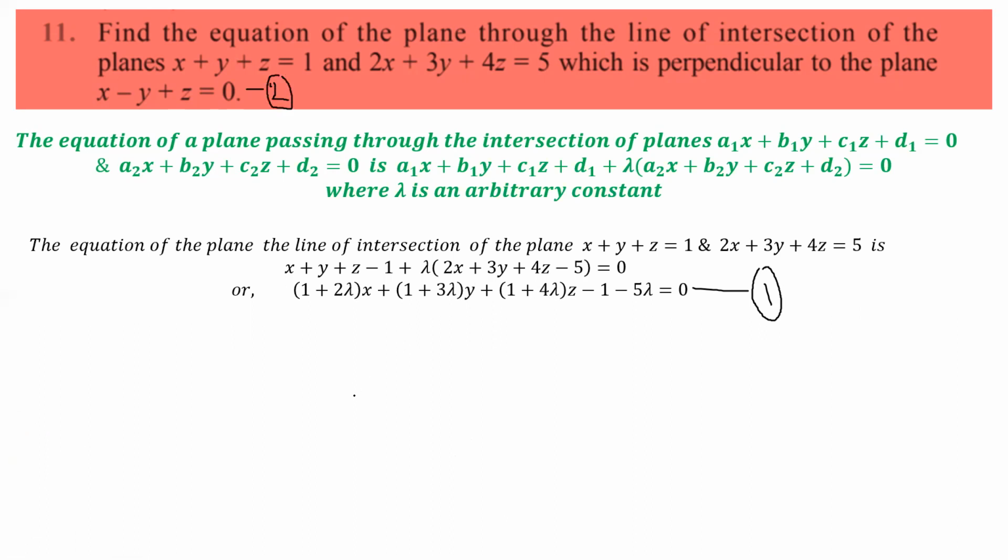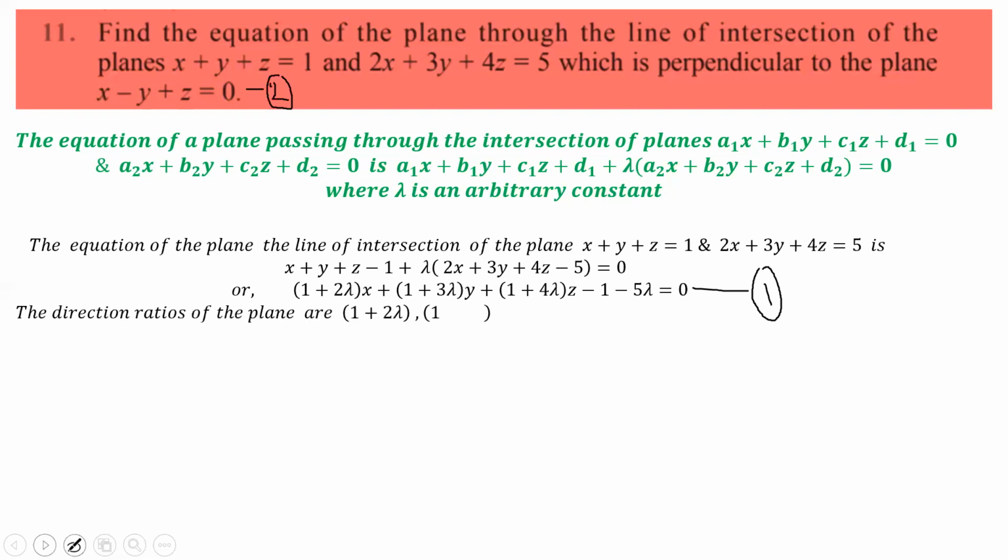So this equation 1 and this equation 2 are perpendicular. That means we can use their direction ratios and we can find the value of lambda. I hope you remember, that is a1 a2 plus b1 b2 plus c1 c2 equals 0 if they are perpendicular.